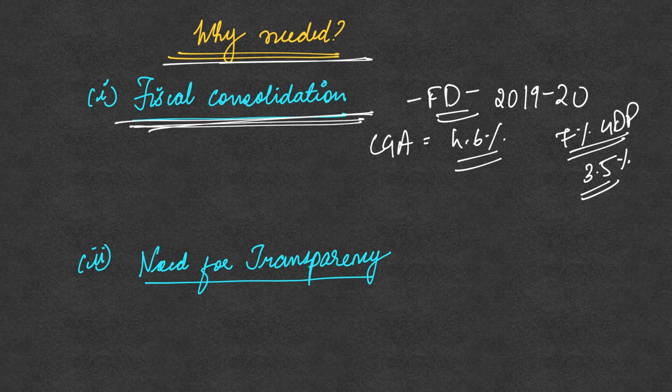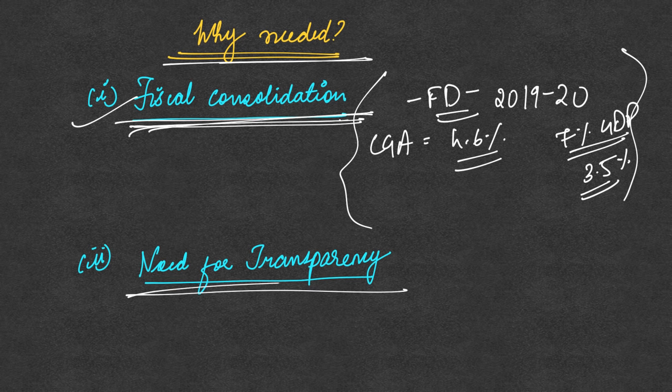This independent fiscal council, by ensuring that there is a scientific analysis of the budgetary data, can help us go back on this path of fiscal consolidation, particularly when the center's finances due to the COVID and corona crisis have become a cause of concern. So this is the first thing, that the need to go on this path of fiscal consolidation again, because of these worrying statistics, explains the need of an independent fiscal council.